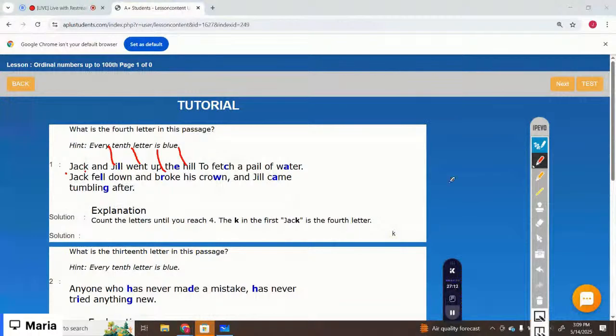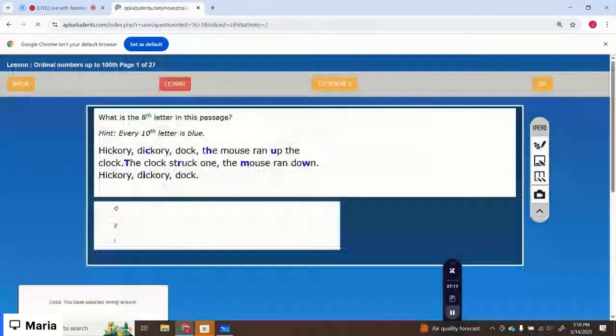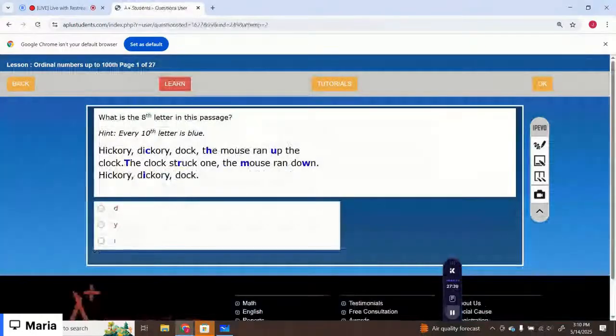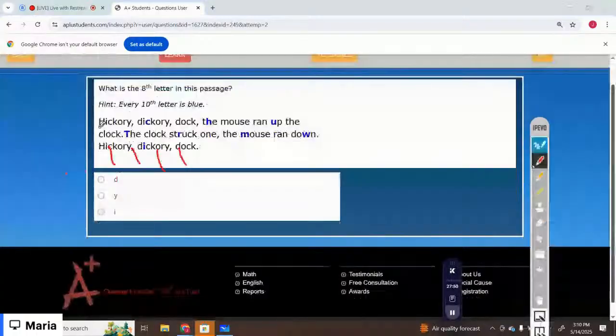Let's just start with the test questions. What is the eighth letter in the passage? So, which is the correct option? You need to find out the eighth letter in the passage. 1, 2, 3, 4, 5, 6, 7.